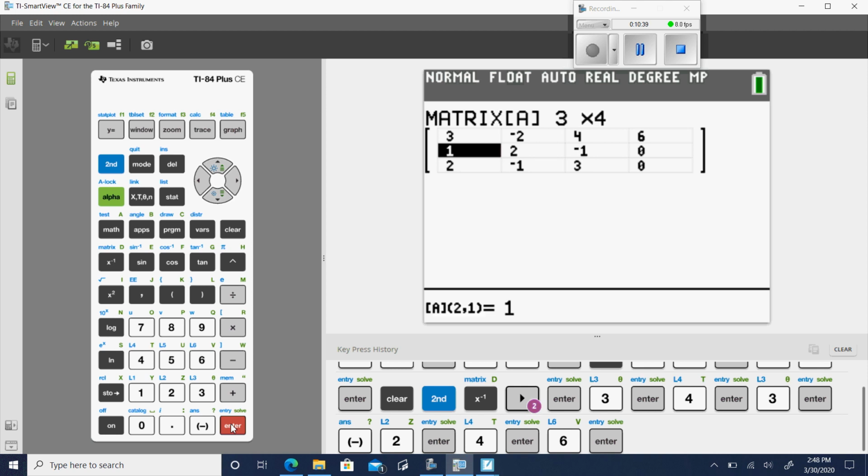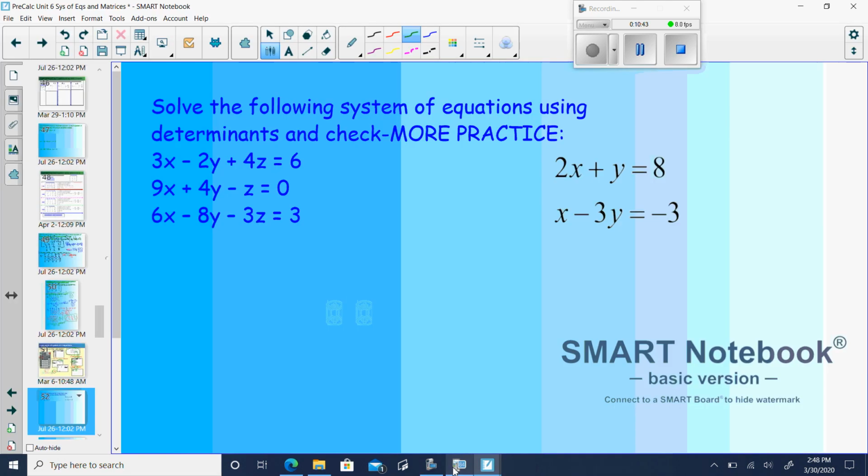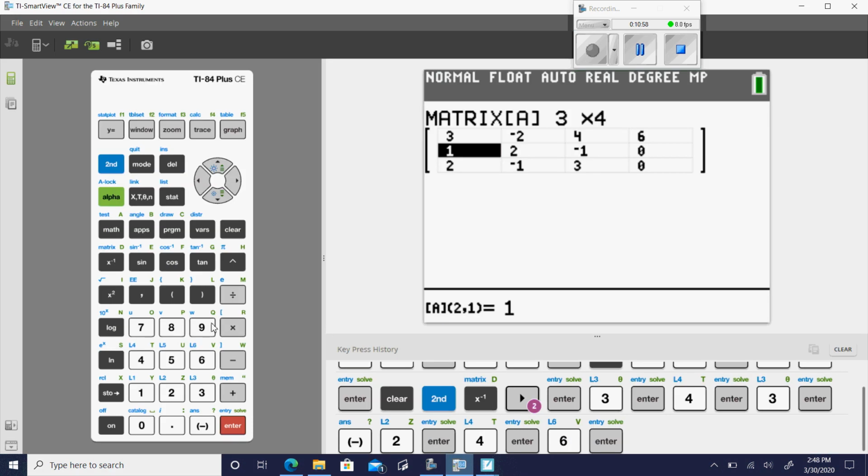All right, let's see here. What about the second row? So we need 9x, 4y, -1z, and 0. All right, so it's going to be 9, 4, -1, and 0.